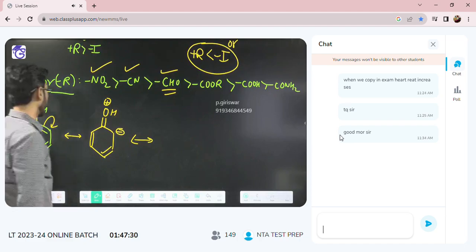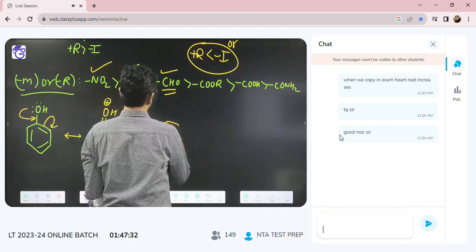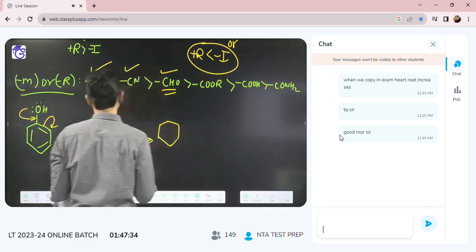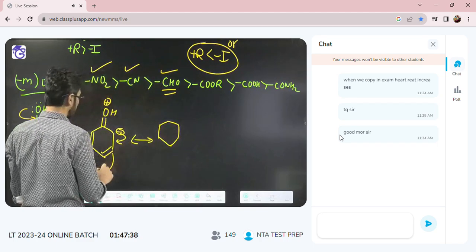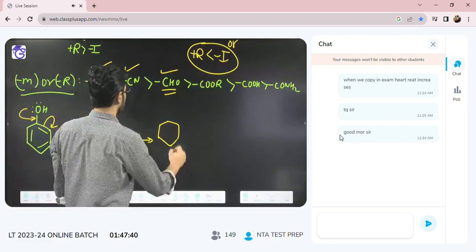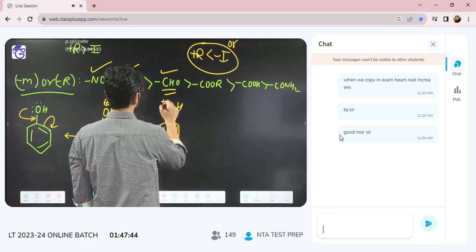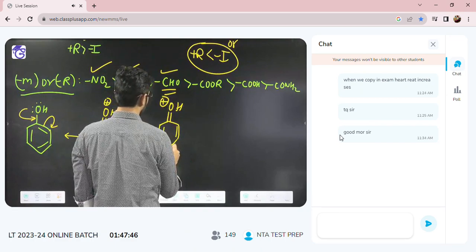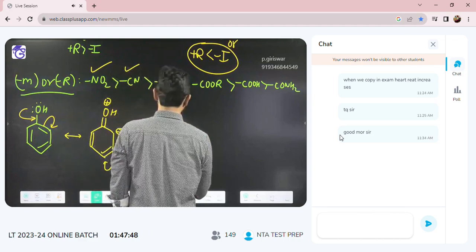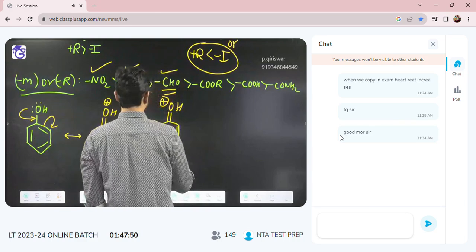Very good. Other students also, write down all resonating structures of phenol. Negative charge always moves away from the atom. Above as it is, OH plus, minus charge here. Then the minus charge delocalizes further.